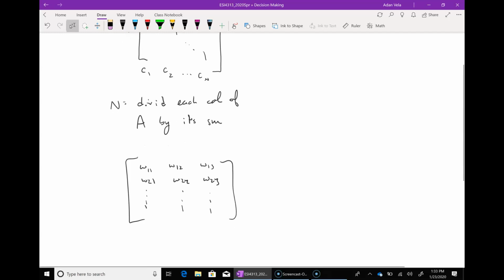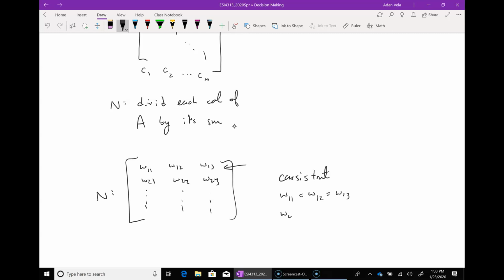And we know we have consistency if for each row we have all the values equal to each other. So across the top row, we would have W11 equals W12 equals W13.